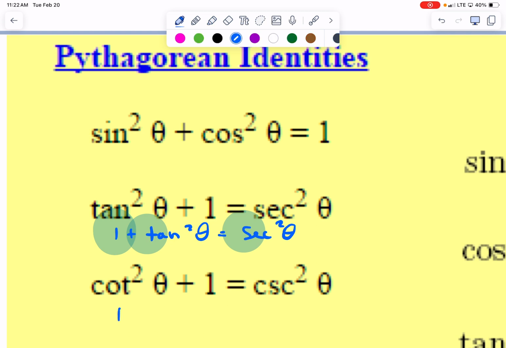And then 1 plus cotangent squared theta equals cosecant squared theta. I call that co-ITS, because instead of 1 plus tangent, it's 1 plus cotangent equals, instead of secant, cosecant. It's the cos of the ITS.